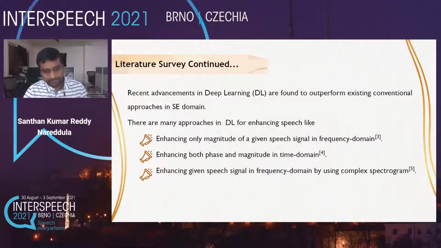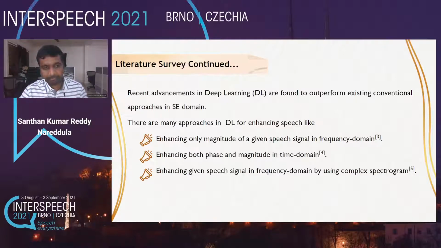Back in those days, people enhanced the speech by only considering the magnitude spectrogram of a given noisy speech signal, and they neglected the phase of the noisy speech signal, considering phase doesn't matter for the enhancement. They would take only the magnitude spectrogram of the noisy speech signal, feed it to the network, and get the enhanced magnitude. Later they would collect the phase of the noisy speech signal and add it to the enhanced magnitude. That's how people used to do it back then.